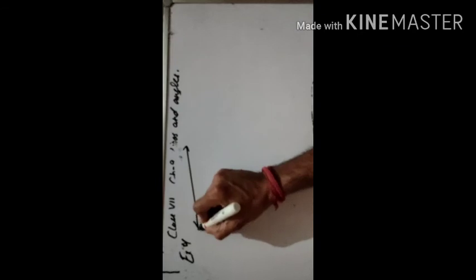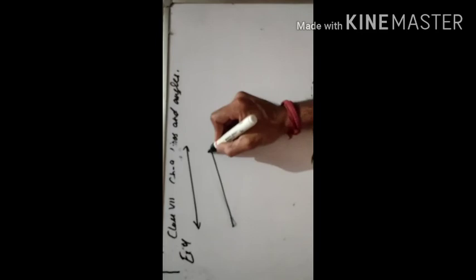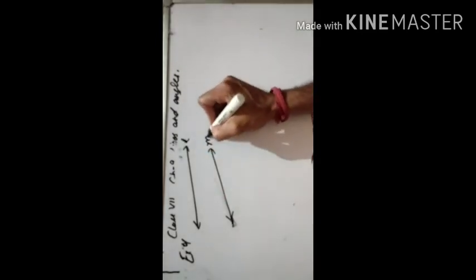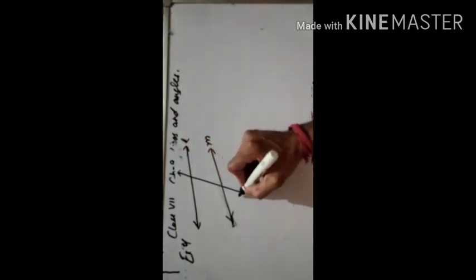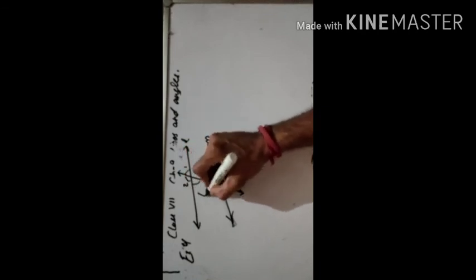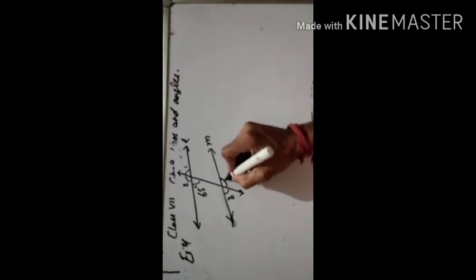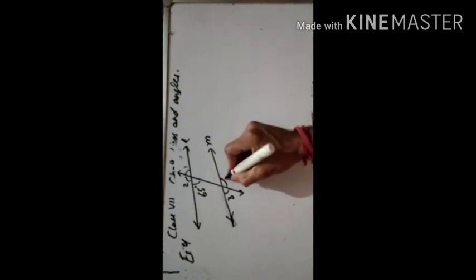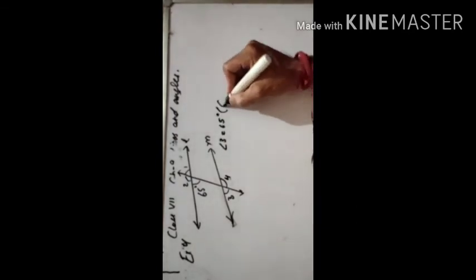This line is given, L and M, and this is a transversal, with angles 1, 2, this is 65 degrees, 3 and 5, 3 and 4. Now angle 3 is equal to 65 degrees. Corresponding angles.